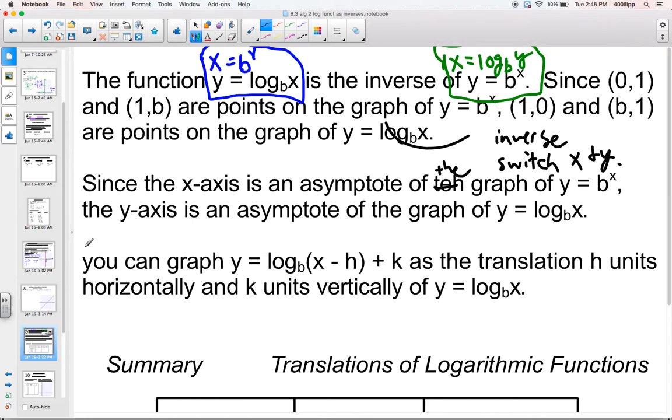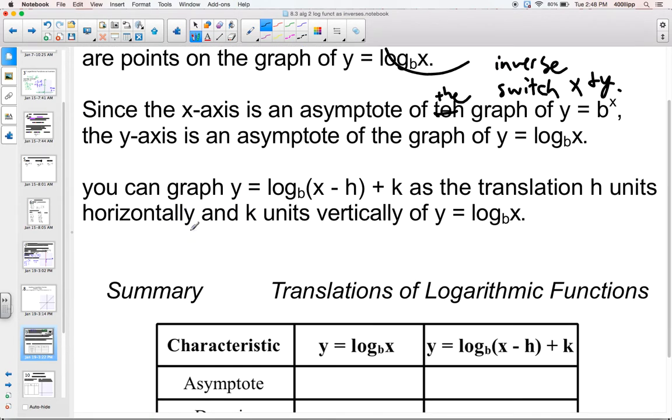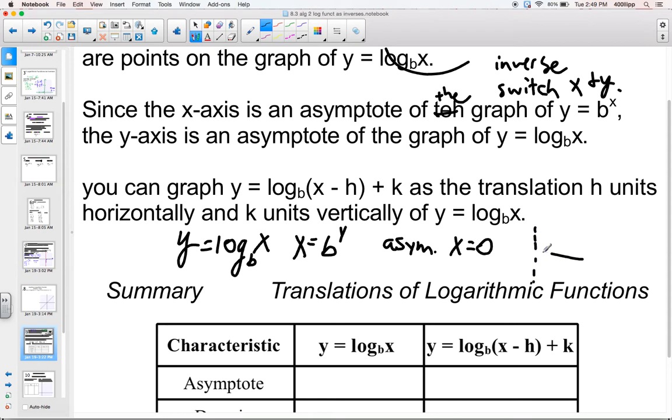We just said in the previous problem that if we have y equals log base b of x, right, which is b to the y equals x, we know that the asymptote here is going to be your y-axis, which is x equals 0. Okay? And we graphed that before and showed it, right? It was x equals 0, and it was approaching it like that. There we go. That's a pretty good graph.